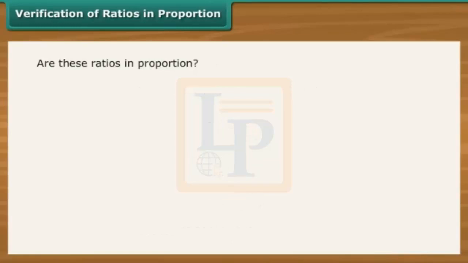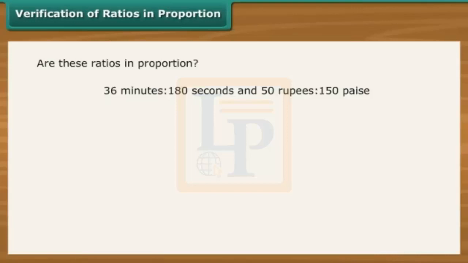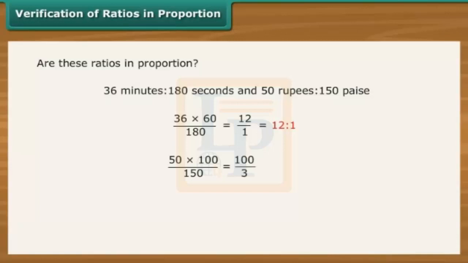Consider two more ratios. 36 minutes is to 180 seconds and 50 rupees is to 150 paise. 36 minutes by 180 seconds is same as 36 into 60 seconds divided by 180 seconds, which is equal to 12:1. 50 rupees divided by 150 paise is same as 5,000 paise divided by 150 paise, which is equal to 100:3.